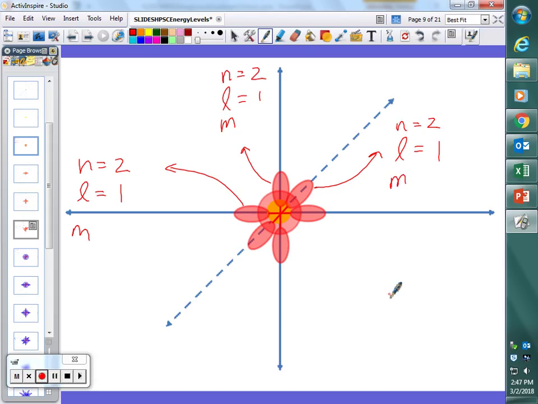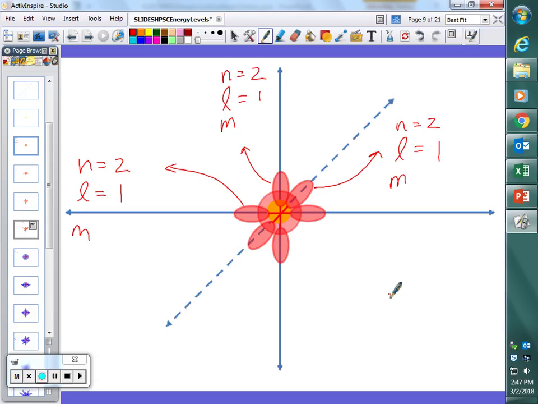In the outline, it says M values run from negative L to positive L. What's L for a p orbital? 1. So that means M can be negative L, negative 1, to positive L, which is positive 1.